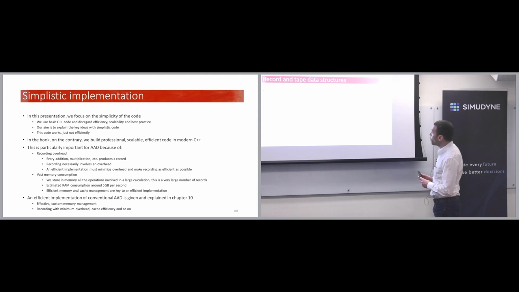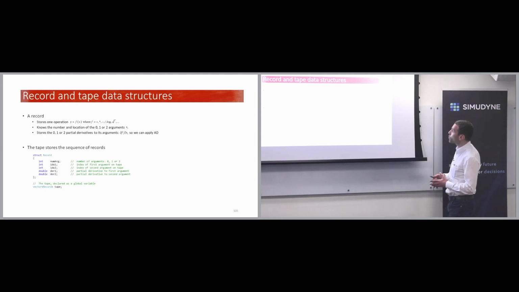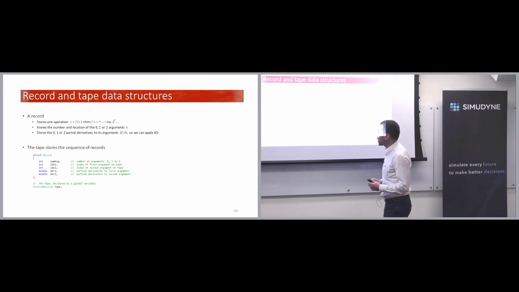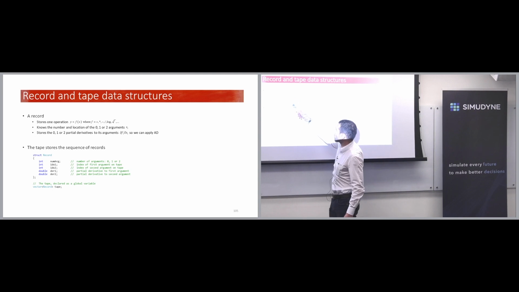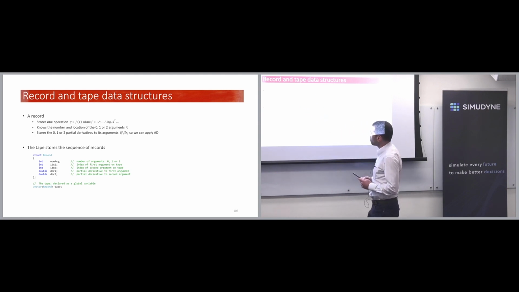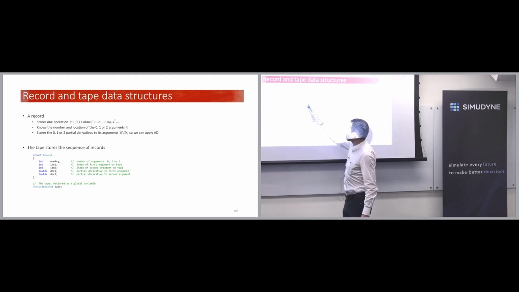So now we're ready to talk about this record and tape data structure. A record is something that stores one operation of the type y is f of x, where f is a building block. So maybe an addition, a logarithm, a square root, etc. A record must know the number and location of the 0, 1, or 2 arguments xi, right?